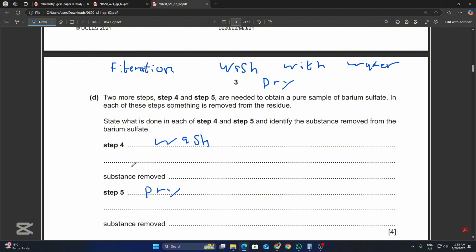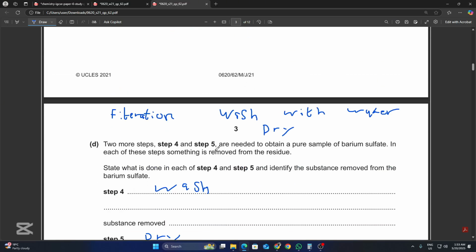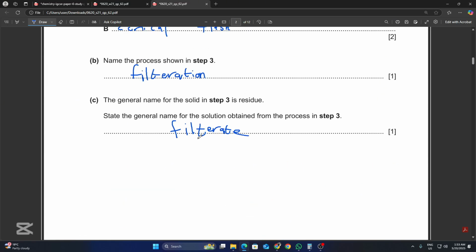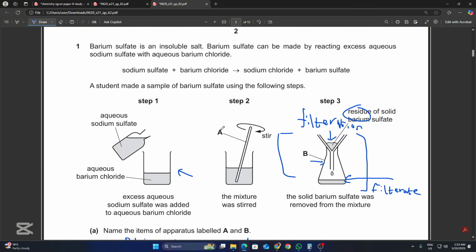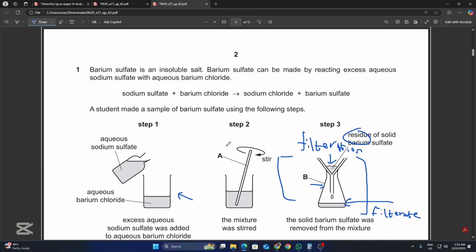Okay, and now the substance removed. To decide the substance removed, we need to look at our reaction. So our products are going to be sodium chloride and barium sulfate. Now the student is looking forward to make barium sulfate. He doesn't care about the sodium chloride, so he needs to wash it, he needs to remove it.